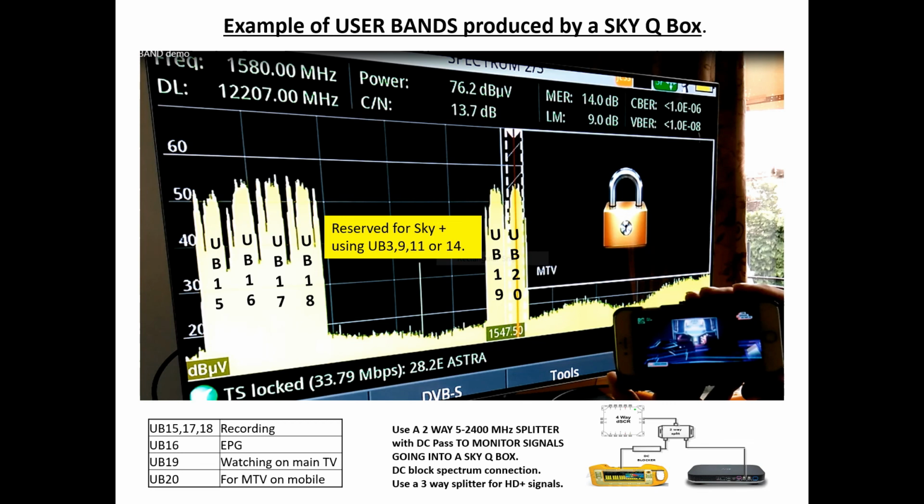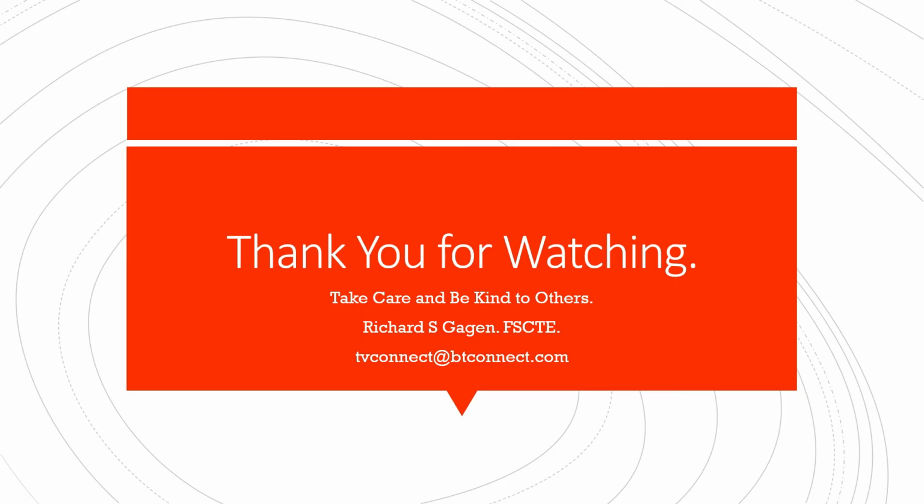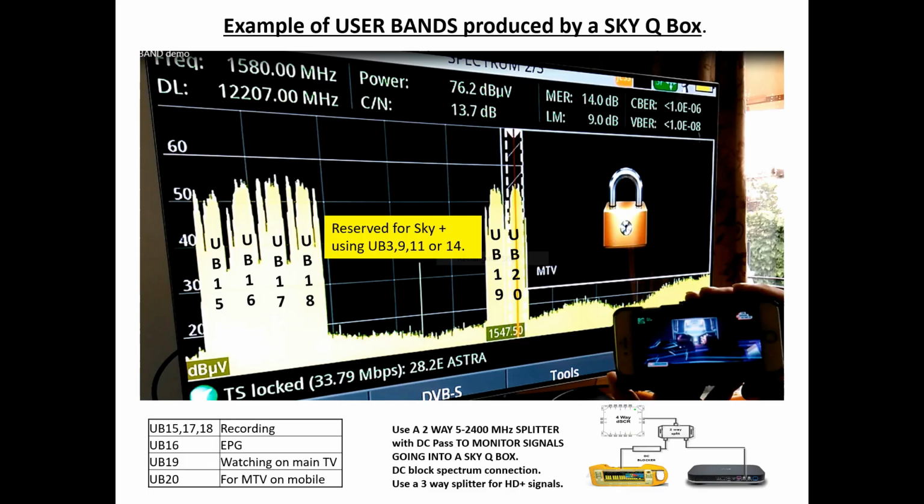Now, talking of Sky Plus box, you notice actually on the photo shot of the Spectrum, the highlighted bit in yellow reserved for Sky Plus, that uses user bands 3, 9, 11 or 14.